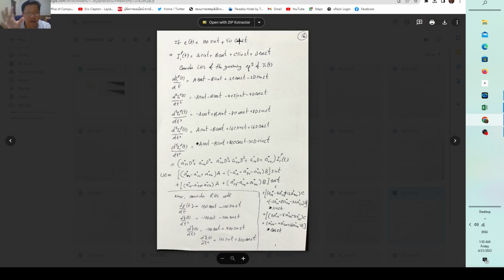The coefficient that multiplies sine t on the left hand side has to be equal to the coefficient that multiplies sine t on the right hand side. And the same for cos 2t. So that's why we need to find the derivative of i1.